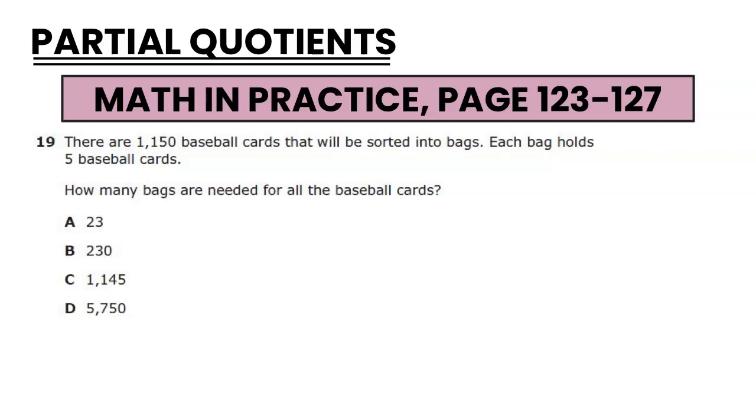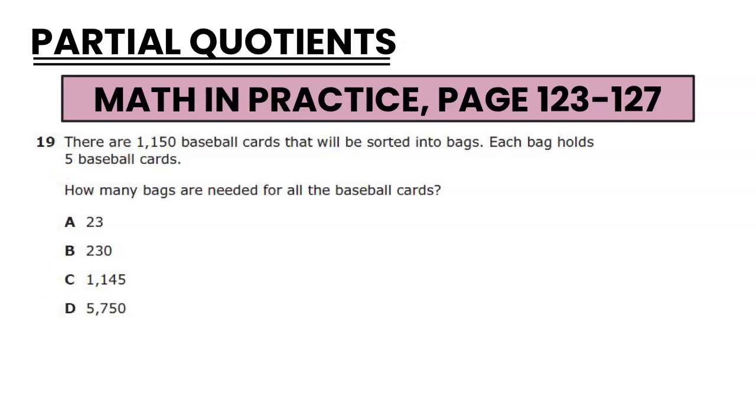The first order of business here is that students have to know that they are doing division in this problem in order to get the correct answer. If they multiply 1,150 by 5, they end up with letter D as their answer. If they subtract 1,150 minus 5, they end up with C as their answer.